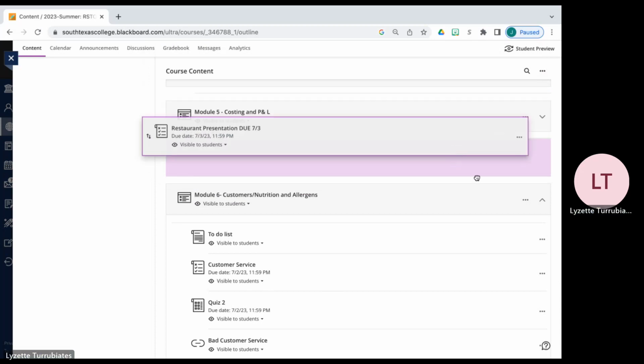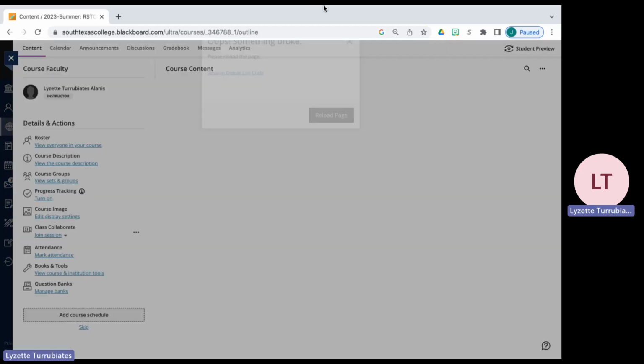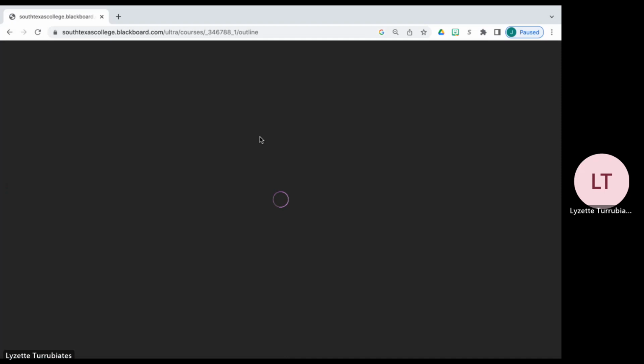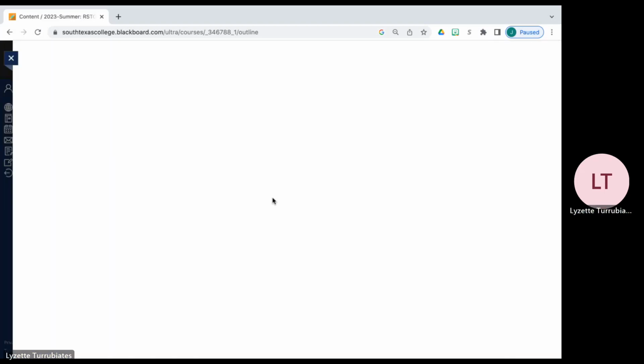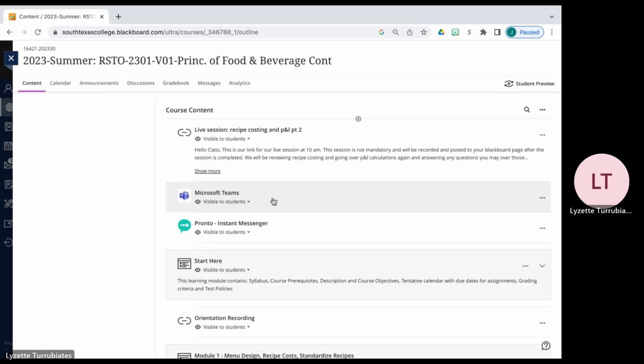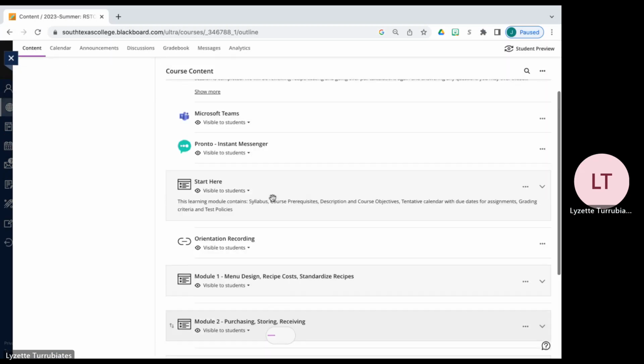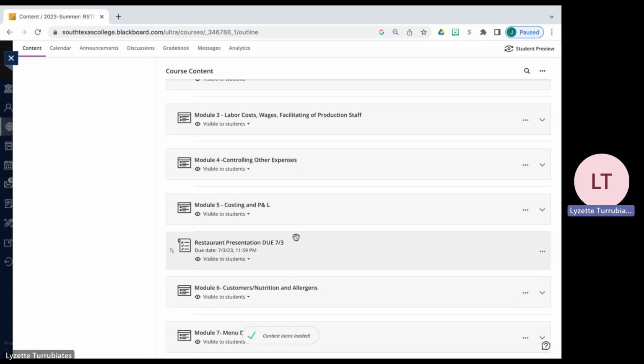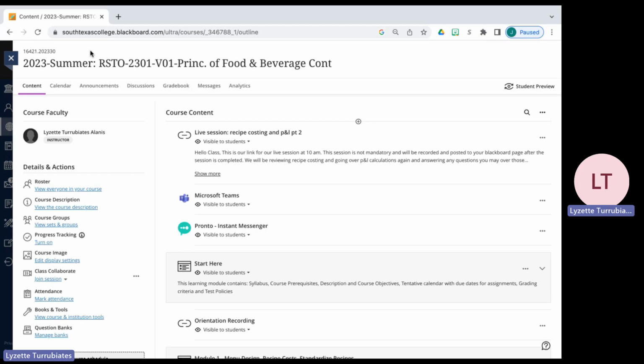Open. You're so slow right now. Come on. Okay, so right after module 5, you can see this assignment. Okay, perfect.